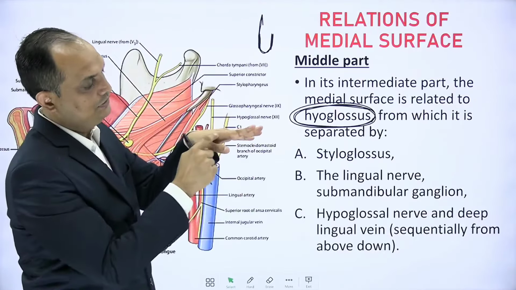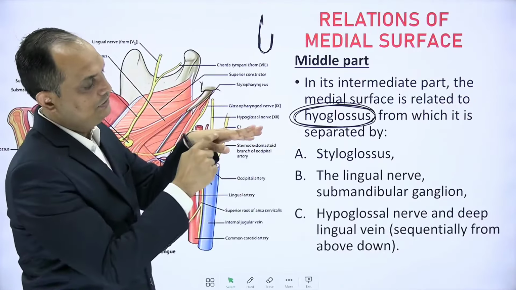So this is the only thing which always confuses the students, how the hyoglossus is related with the superficial part of the gland. Now when you have the relation with the hyoglossus, obviously the structures which are present on the lateral surface of hyoglossus automatically become related with the medial surface of your gland.